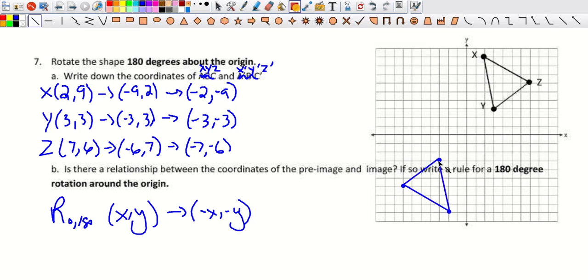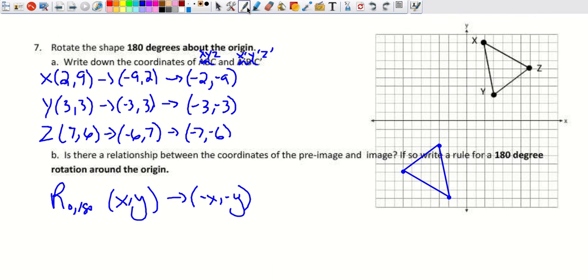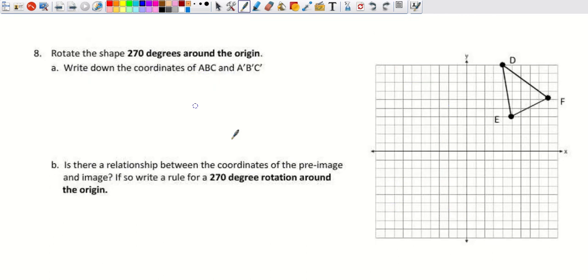So it kind of looks like a reflection in a way, except if I reflected it, X would travel here. That's how we can tell the difference between a reflection and a rotation. In a rotation, when I turn it, it actually moves to the other side over here. So Z looks like it should be here, but it's actually over there. And then Y is over here. So keep in mind, you're going to tell the difference between a reflection and a rotation by the order of the points.